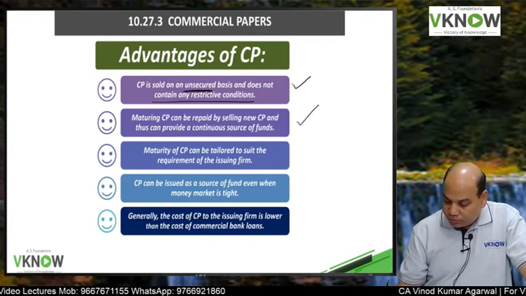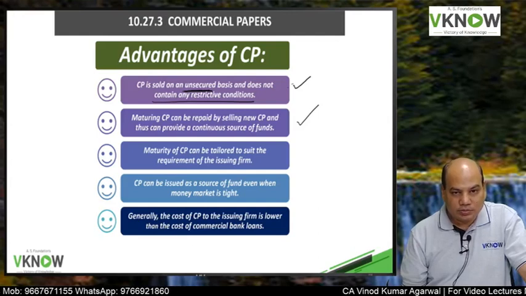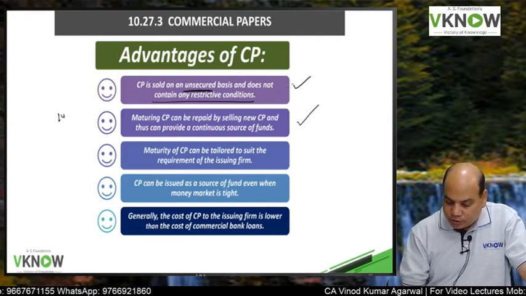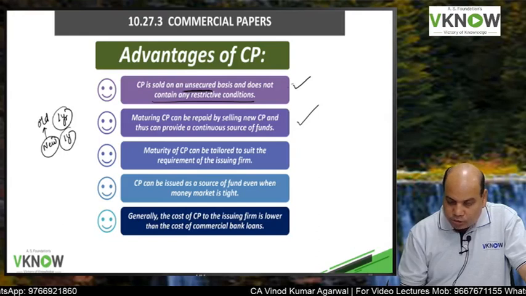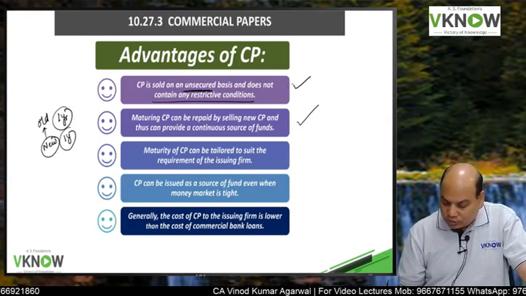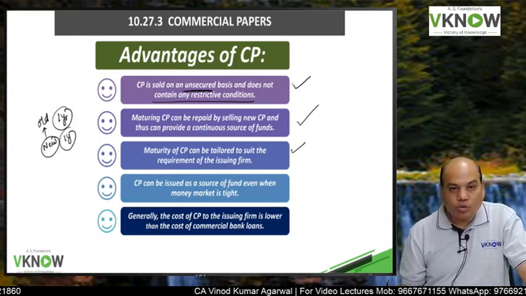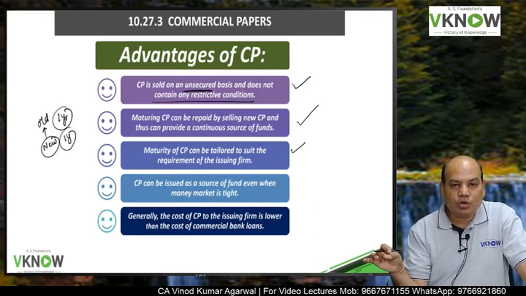Secondly, maturing commercial paper can be repaid by selling new commercial paper. Suppose you have issued for 1 year, you issue new for another 1 year and use the money to repay the old one. That can be done if you wish to. Third benefit is, you can have a maturity period according to your requirement.